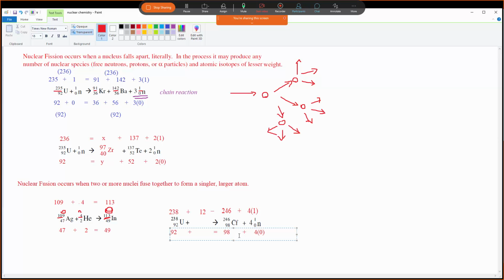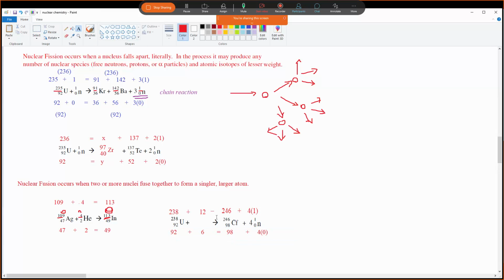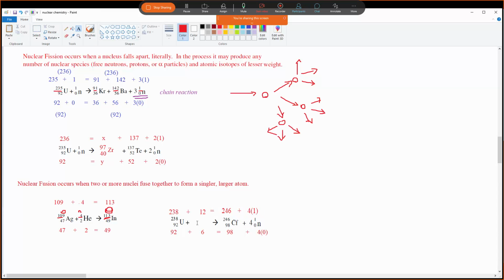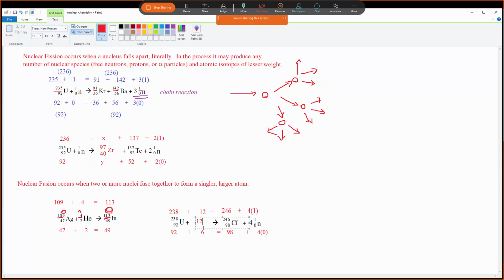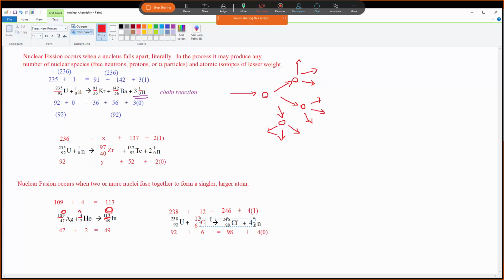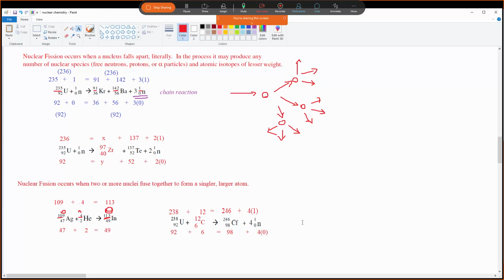So 92 plus what gives me 98? The answer, of course, is 6. So this becomes 12, 6. Carbon is the thing that uranium was fused with to make californium in this instance.